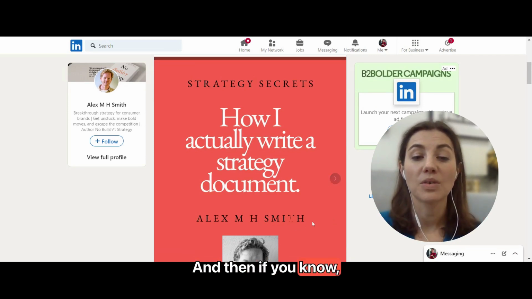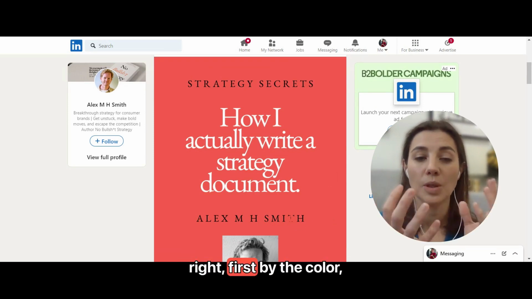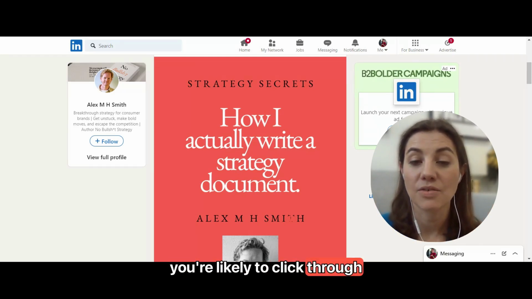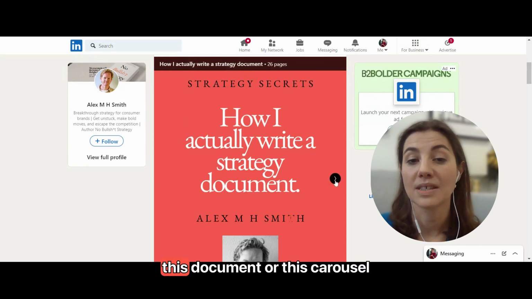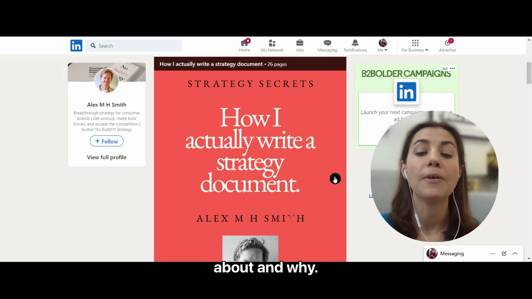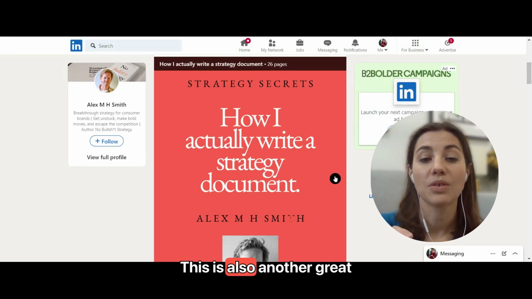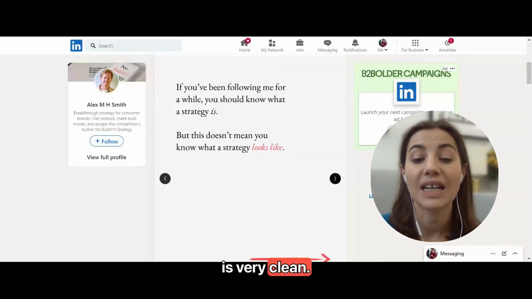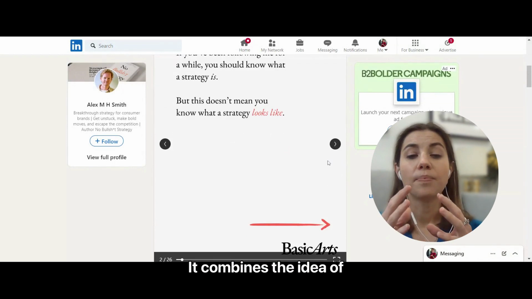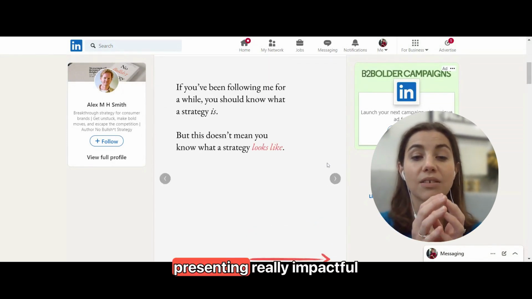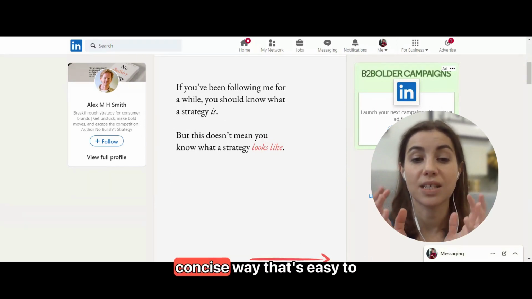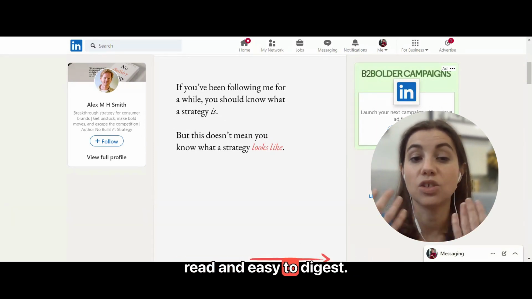And if this grabs your attention, first by the color, but then also by the content that is presented, you're likely to click through and look at what this document or carousel is about. And why this is also another great example is because this carousel is very clean. It combines the idea of presenting really impactful information in a very clean and concise way that's easy to read and easy to digest.